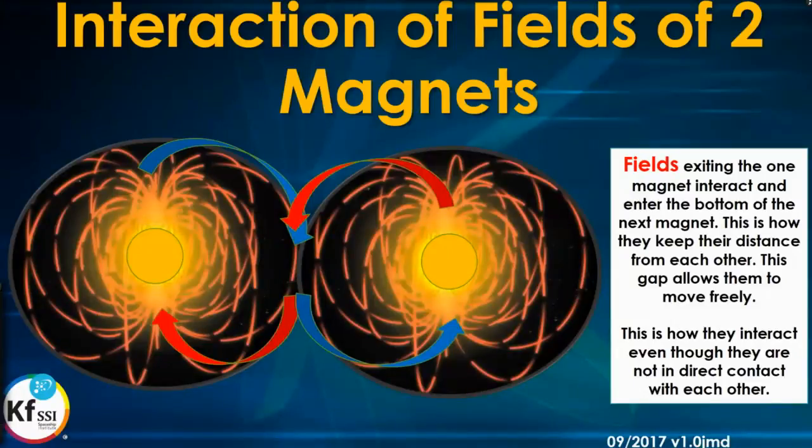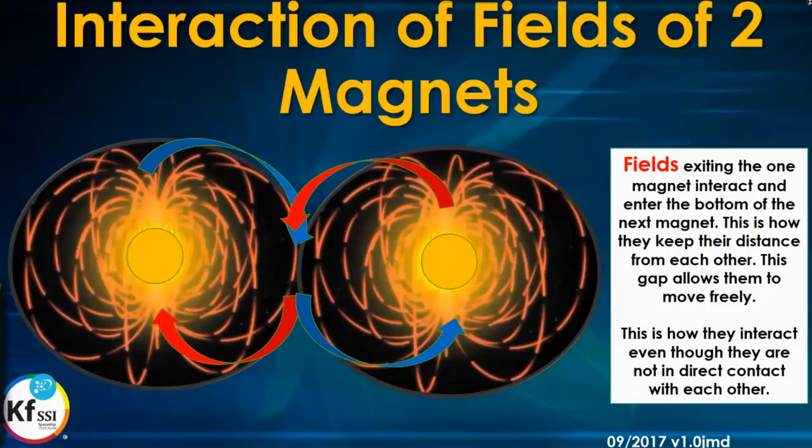What we essentially have is the interaction of fields of 2 magnets. The fields exiting the one magnet interact and go into the bottom of the next magnet. And this is how they keep their distance from each other. This gap allows them to move freely. They're still connected and find their position, but this is how they interact with each other, through these fields.